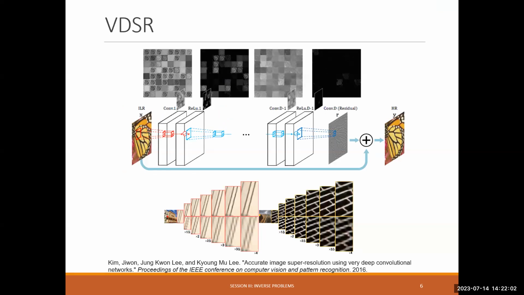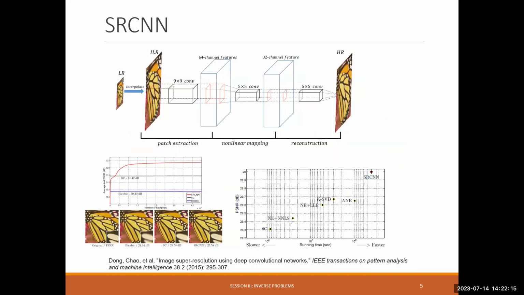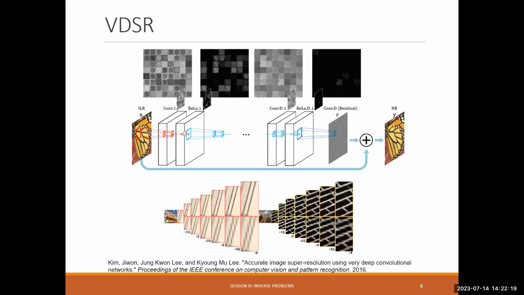The idea is that in the image, you put convolution and ReLU, again no max pooling, similar layers. But here's the interesting part. Instead of taking an image and trying to directly estimate the higher quality image, you estimate the residual between an interpolated version of this image and the target.